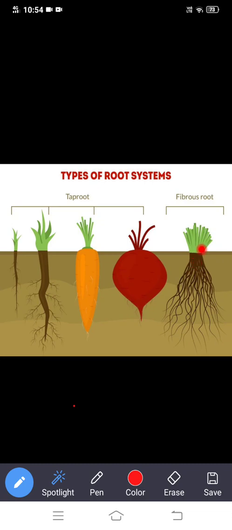Moreover, fibrous root system plants are small herbs, shrubs only. They cannot grow too big like that of taproot system. For taproot system, other general plants are big, big trees. All the big trees like tamarind, mango, neem, all these are examples for taproot system.